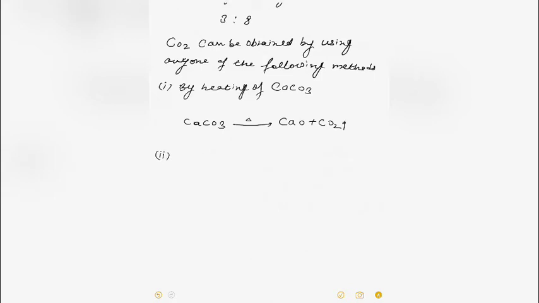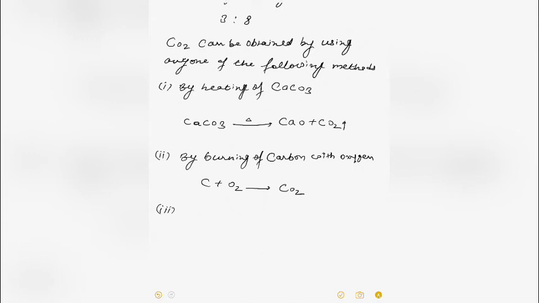It may be another method, by burning of carbon with oxygen. So it will be CO2.